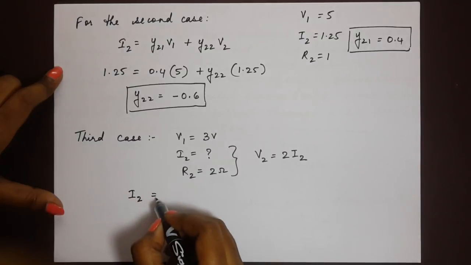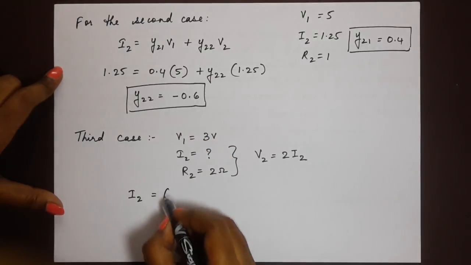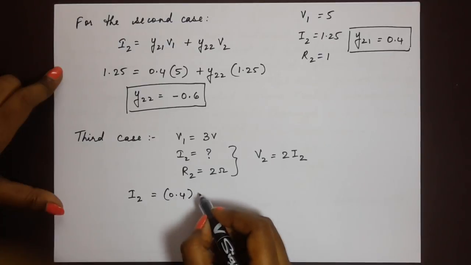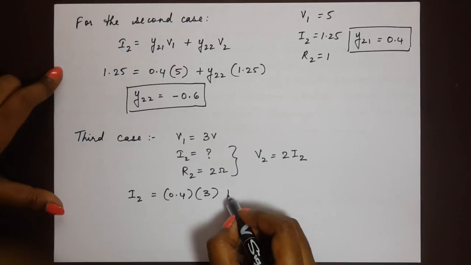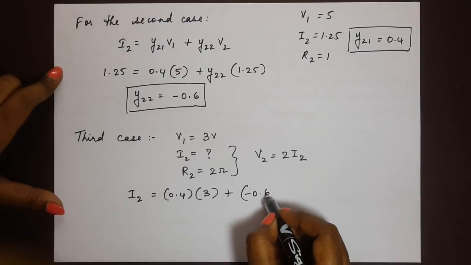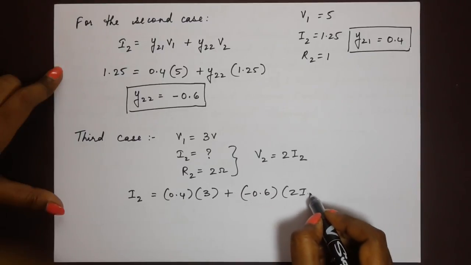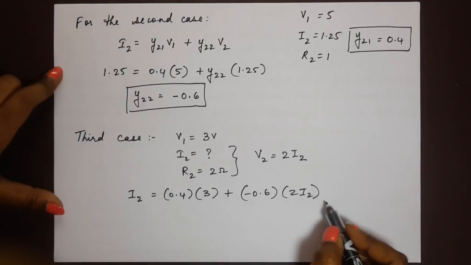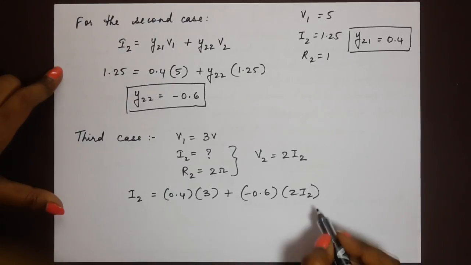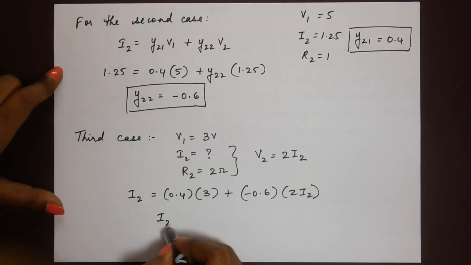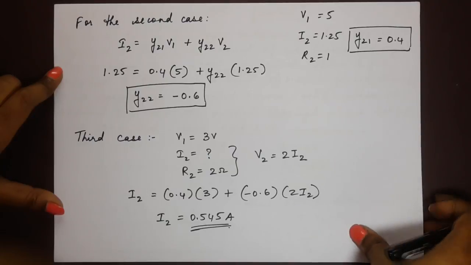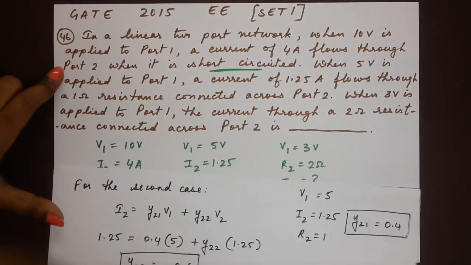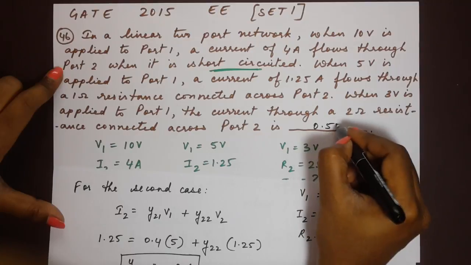I2 is equal to Y21, which is 0.4, into V1, which is 3, plus minus 0.6 into 2I2. Now if we solve this for I2, we'll obtain a value of 0.545 amps. Well, this is the final answer, 0.545.